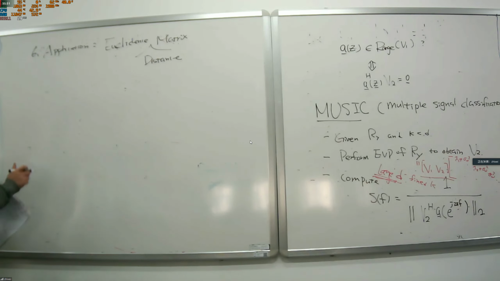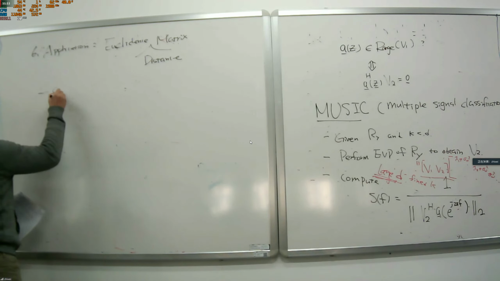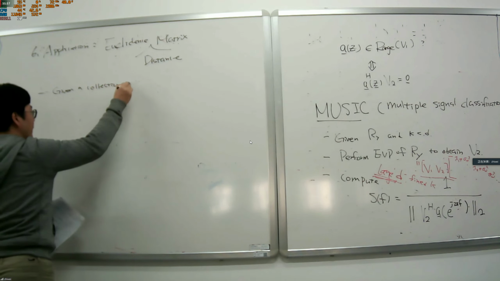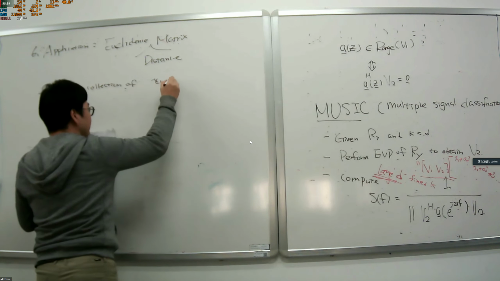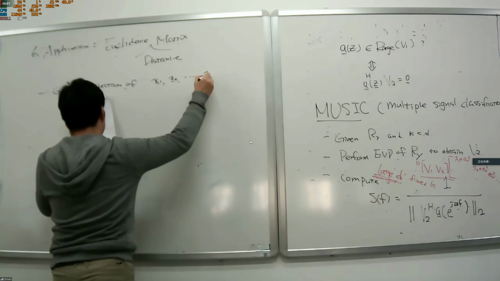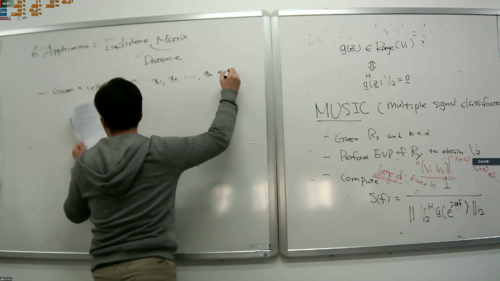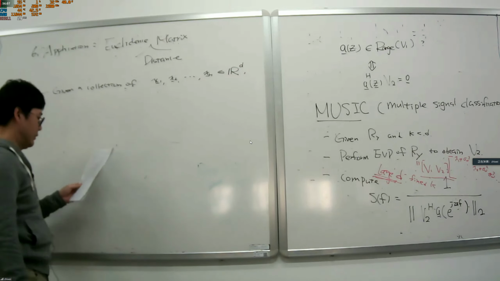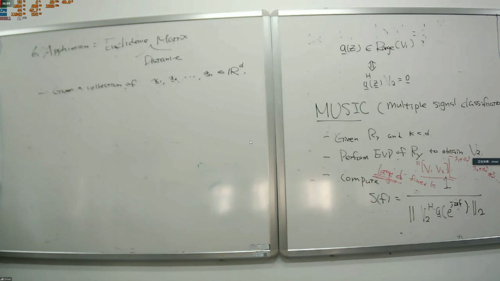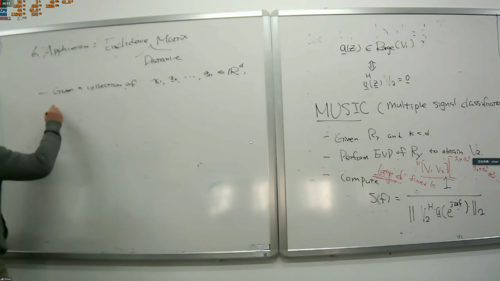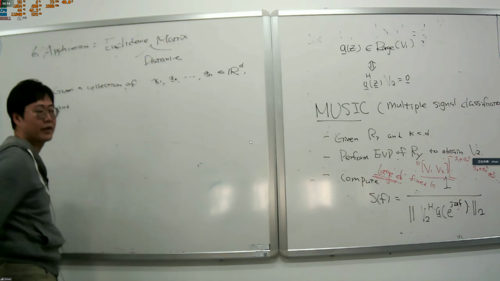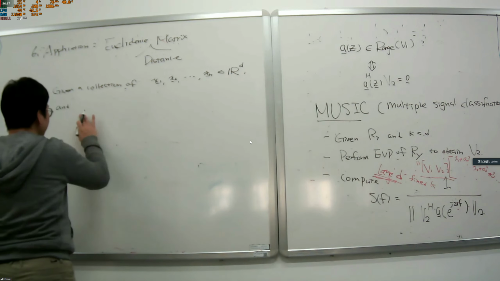We have a collection of points, real-valued, n points, and we have the Euclidean distance between any of them.